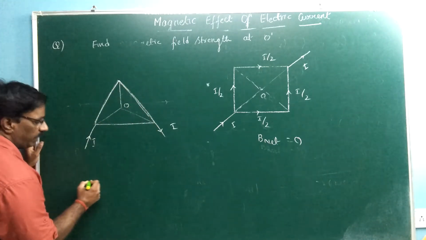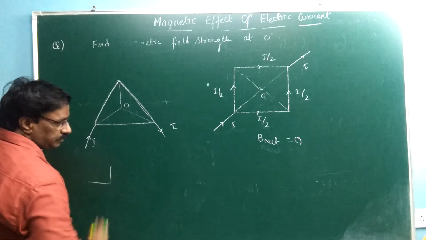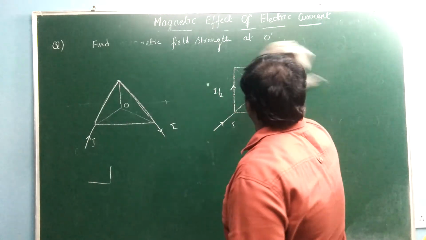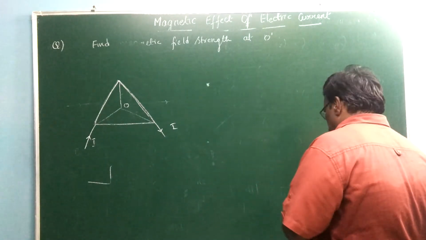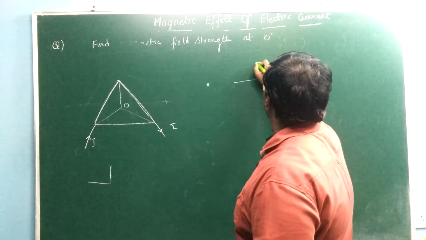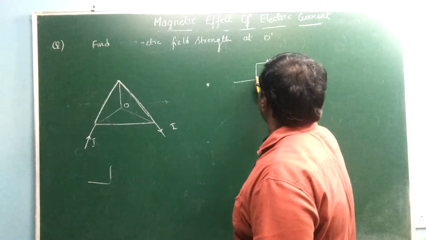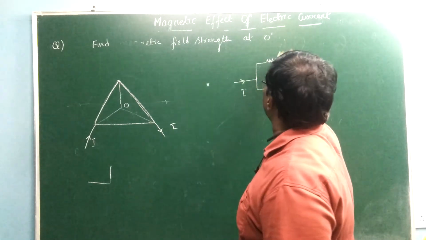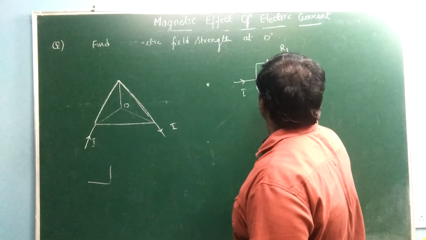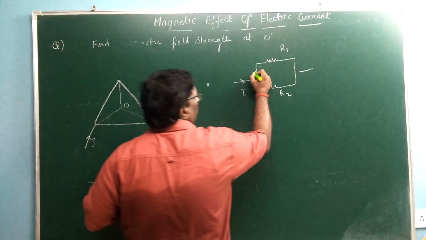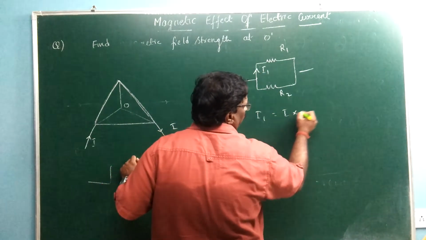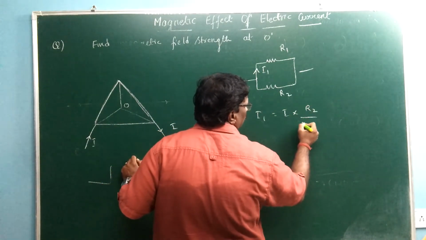And we know how to divide the current among the resistances. Already we have seen in current electricity how to divide current. Let me recall it once. If I is the total current, R1 is one resistance, R2 is another resistance. If you want to find the current through I1, so I1 equals how much? I into the opposite resistance by the total resistance.